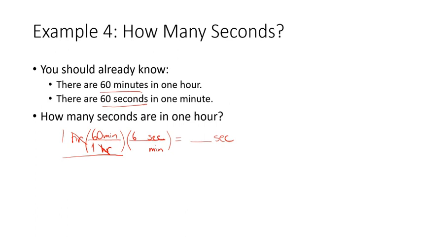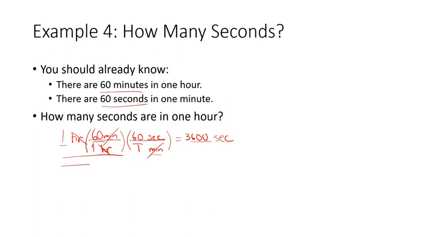We know there are 60 seconds in 1 minute, and here, minutes divided by minutes, these will cancel out. So 1 times 60 times 60 is 3,600. So there are 3,600 seconds in 1 hour.